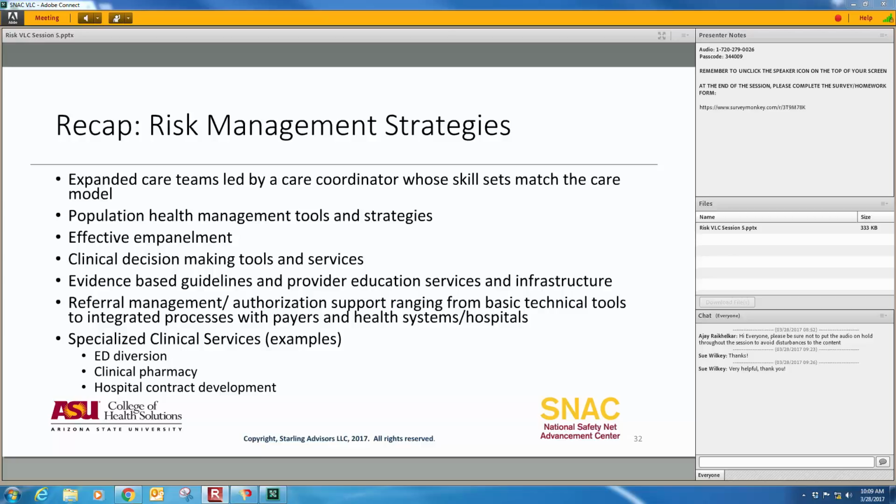So thinking about how specific functions might fit into your care model to create efficiencies and support better patient care. Sometimes it's important to think about how to insource those so that we have more control in our system and can help better manage cost and quality.